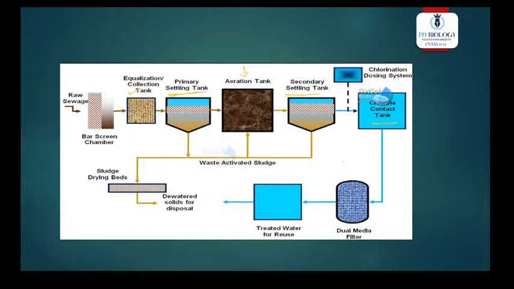This is another filter, and now the treated water is ready to reuse. And from the primary treatment and the secondary treatment tanks, the sludge drying beds are used for disposal. So it's the easy chart of the sewage treatment process. So take a screenshot for further reference.